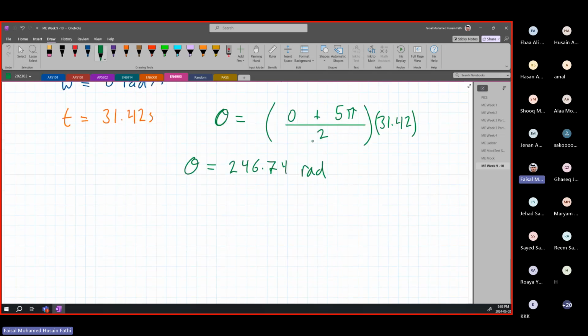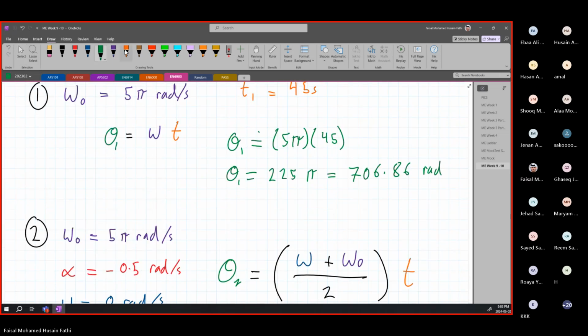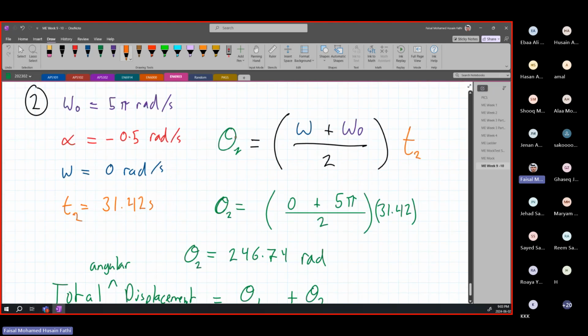So the total displacement, to be more accurate, angular displacement, is going to be equal to theta 1 plus theta 2. This is theta 2 for the second phase, and this is theta 1. Again, this was time 1, and this is time 2, so that you can avoid confusion.